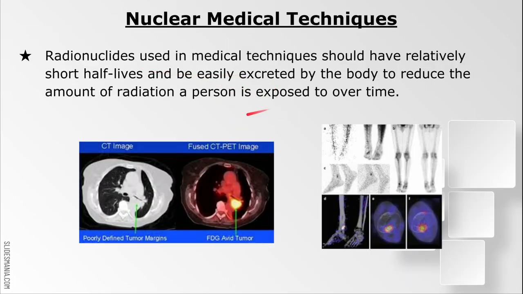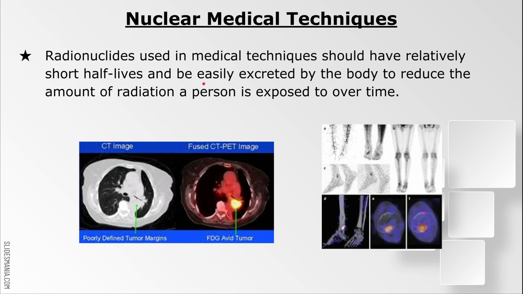Last thing. Obviously, we use radioactive isotopes in medicine to either detect or treat diseases, but we know that radioactive atoms could cause damage to cells and cause a disease. So to prevent that, when we use radioactive isotopes in medicine, we want to make sure that they have short half-lives, so let's say a week. We don't want stuff in your body that's radioactive for a very long time.